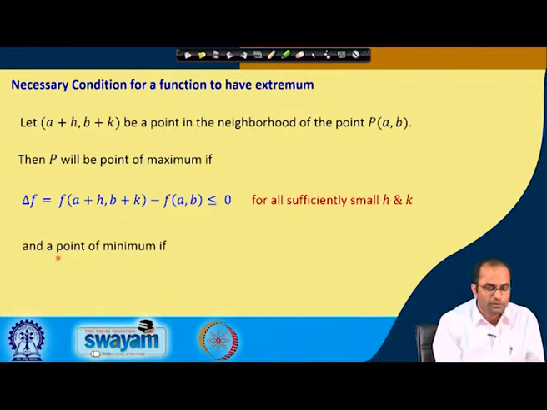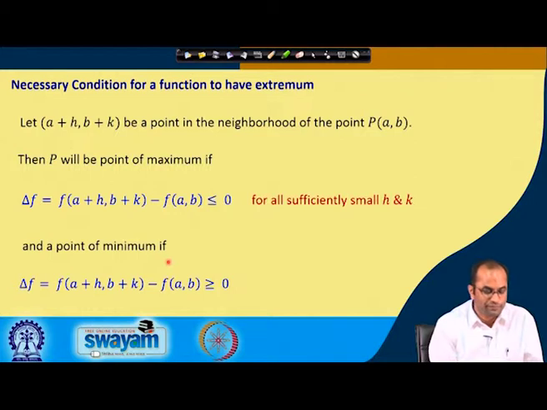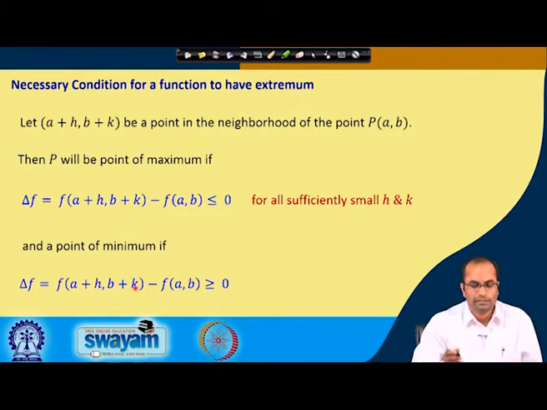And this point will be called a point of minimum if delta f is greater than or equal to 0. The other way around, f(a, b) will be a lower value than f(a plus h, b plus k) for all sufficiently small h and k.